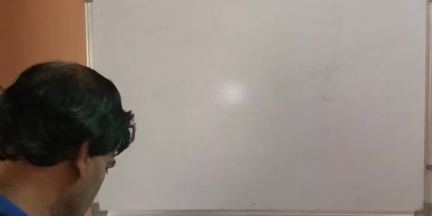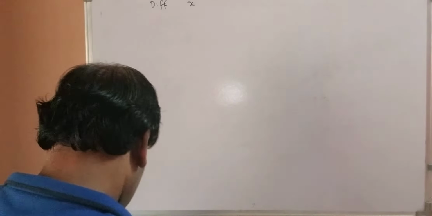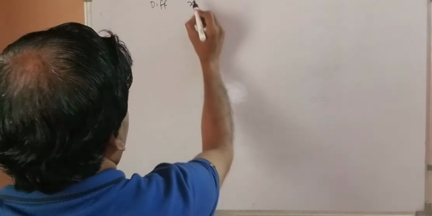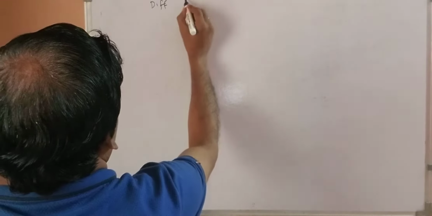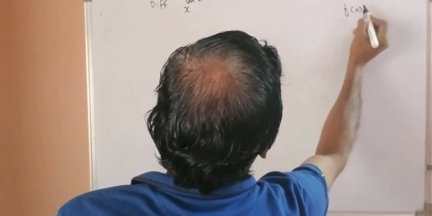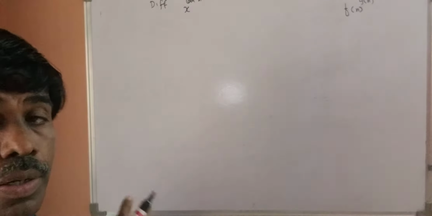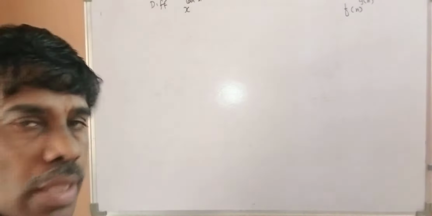Now the next sum we will do, it's very important: differentiate x to the power tan inverse x. I told you, if it is f of x to the power g of x, then it is better to take logarithm.